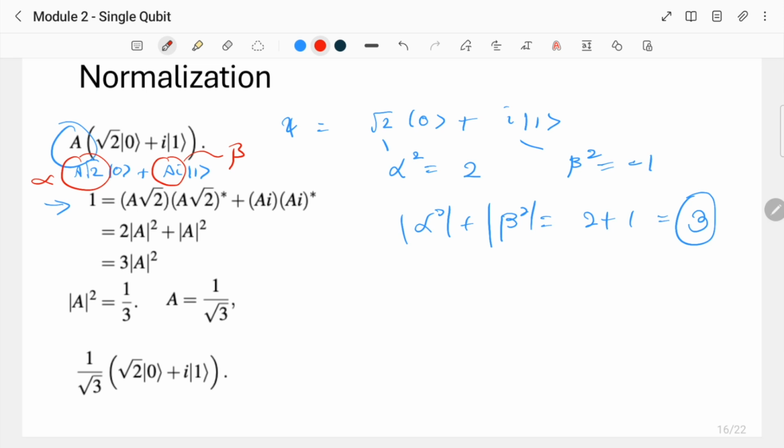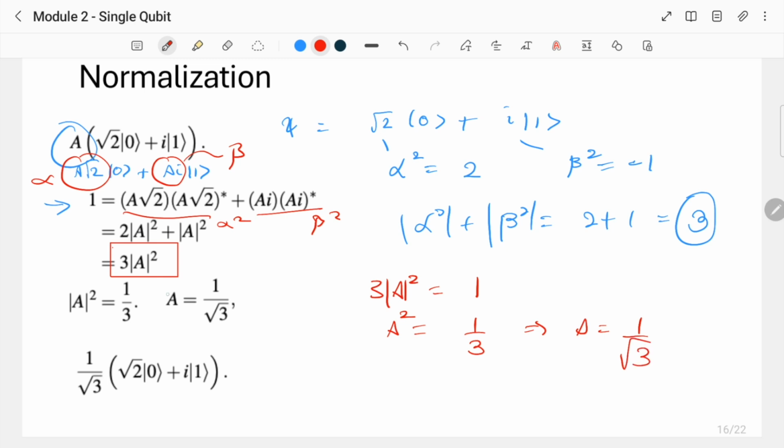We square alpha and beta, and we obtain 3a squared. Now we know that 3a squared should be equal to 1. So a squared is 1 by 3 and a is equal to 1 by root 3, which we can see here.